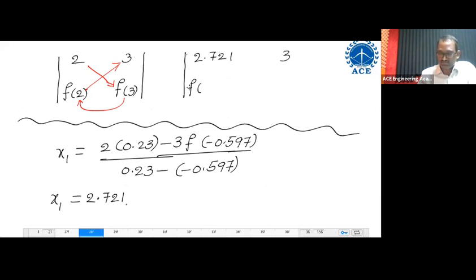This is 2.721 and 3. This is f of 2.721 and here f of 3. If the root lies between 2.721 and 3, write 2.721 here, 3 here. Or you can write 3 here, 2.721 here, no issue. Find the determinant of this matrix. These two product minus these two product. Denominator this minus this.